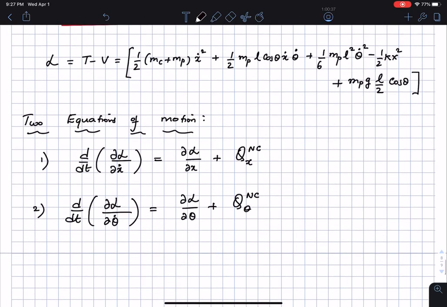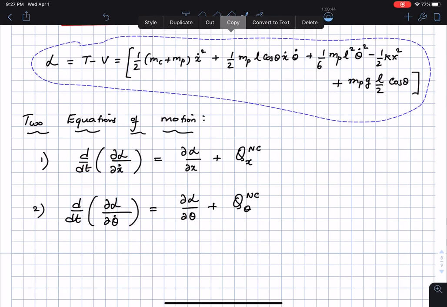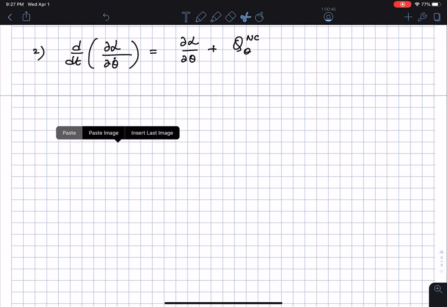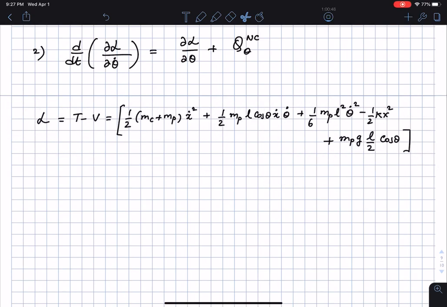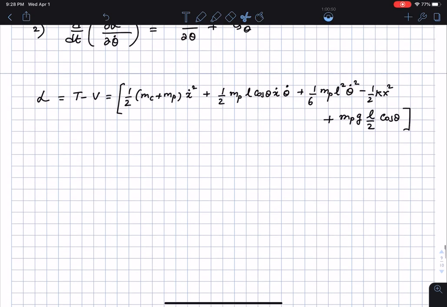I'll scoot up and bring the Lagrangian down here, so that I need it for my differentiations. Okay, so I copy that and I bring that here. All right, so I go to the first one. First one, I have d by dt of dl by dx dot. I'm just going to do this very quickly.